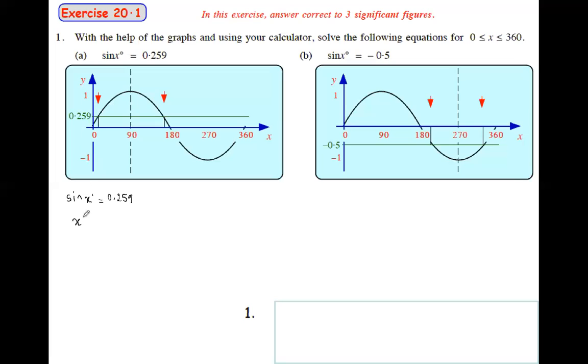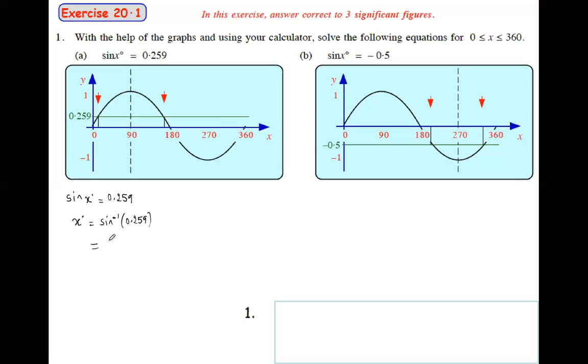Then that means x is sine minus 1 of 0.259. Use your calculator. So what did you get for inverse sine? 15 degrees to 1 decimal place.